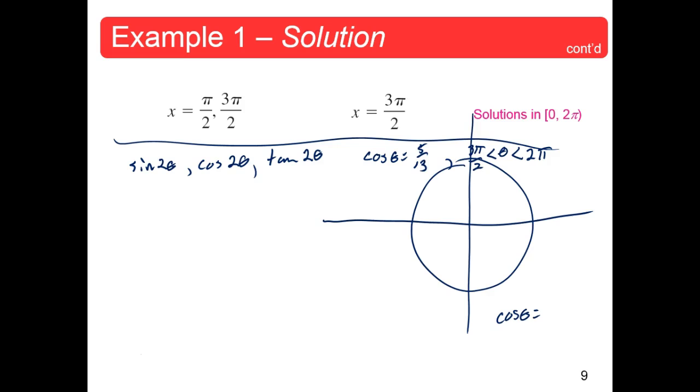Not opposite over hypotenuse, that's the opposite is with sine. So it's adjacent over hypotenuse. Okay, in terms of x, y, and r, what is your adjacent and what is your hypotenuse?